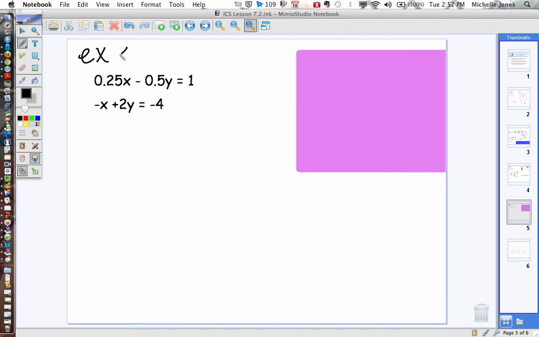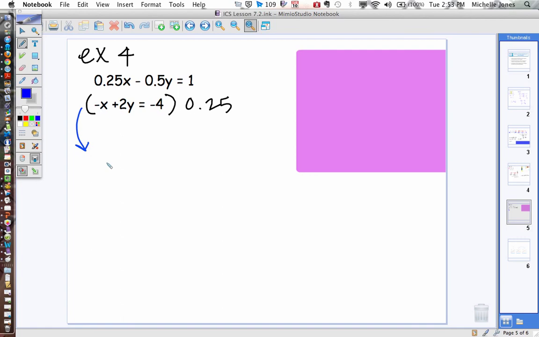Last one, example 4. Let's go ahead and rewrite our first equation with fractions. Actually, I think we're going to leave it. We're going to multiply our bottom one by 0.25. We're going to do this because we have a negative x here. So by multiplying it, we'll get a negative 0.25, so our x's are going to cancel.